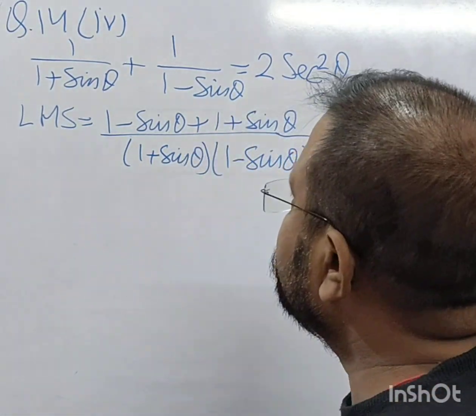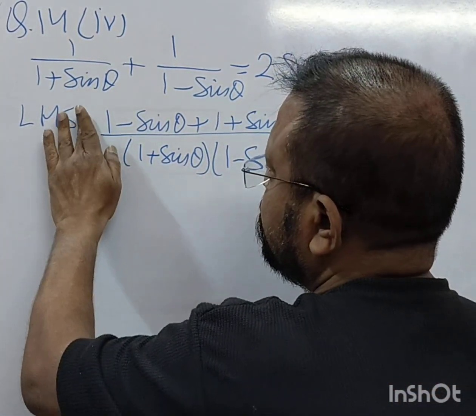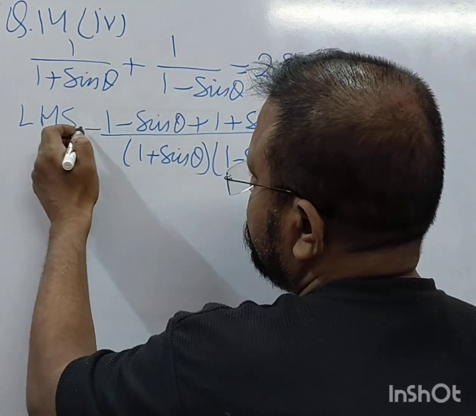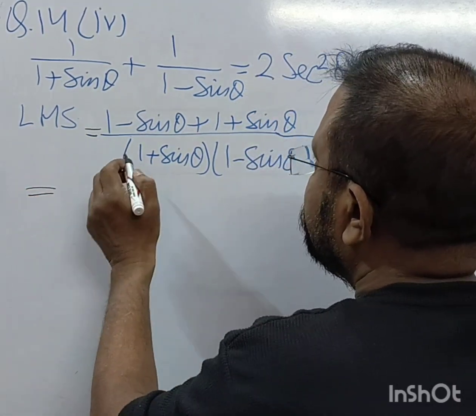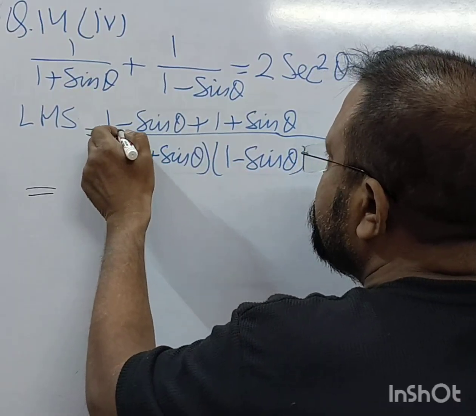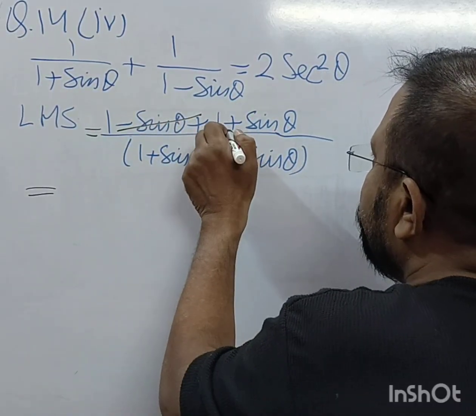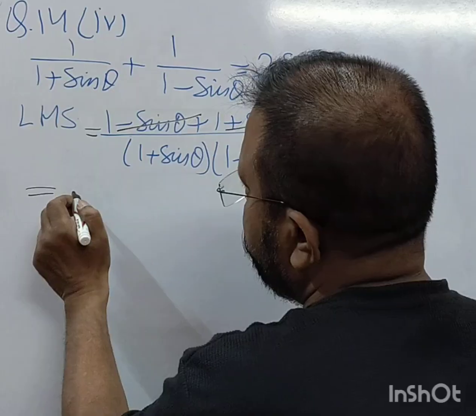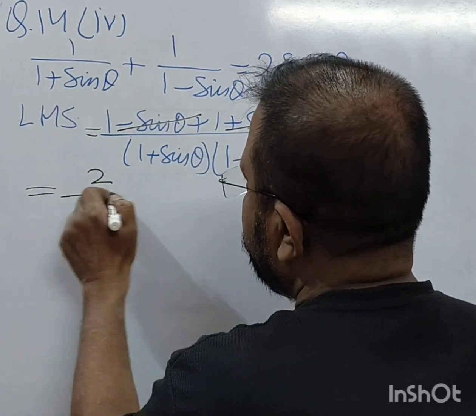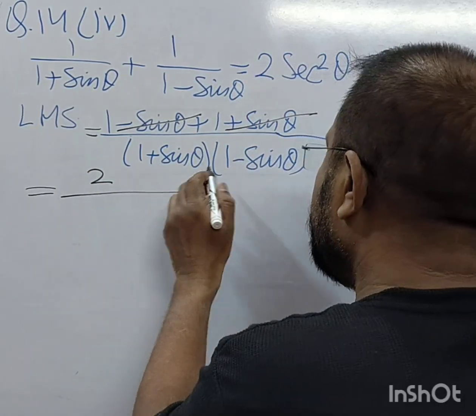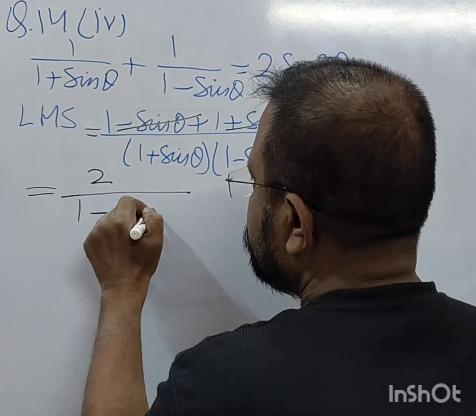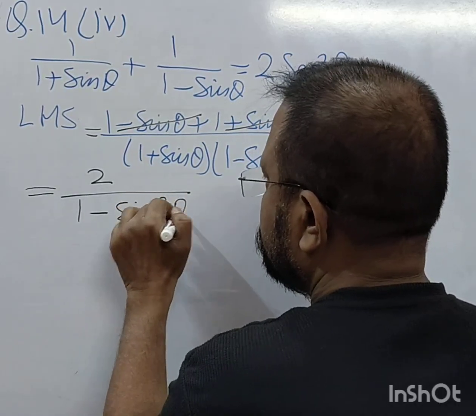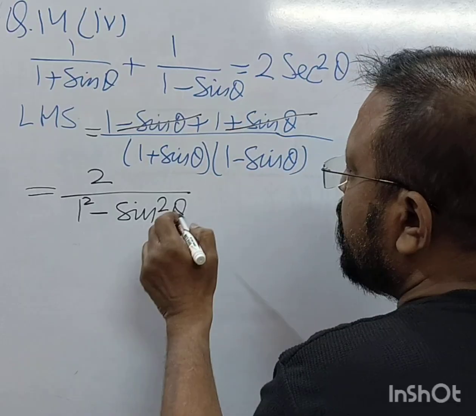So this 1 minus sin theta plus sin theta is cancelled out. 1 plus 1 becomes 2, and 1 plus sin theta, 1 minus sin theta becomes 1 minus sin square theta.